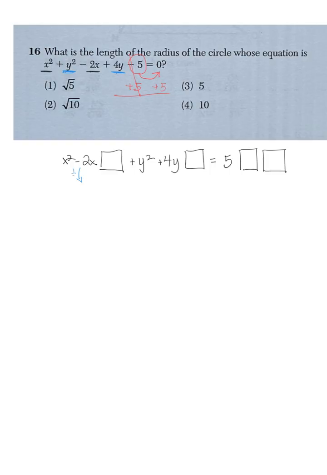So I'll put a little 1/2 there. Instead of writing x squared, I'm going to write x, and half of that -2 is -1. And then I put a little square there.